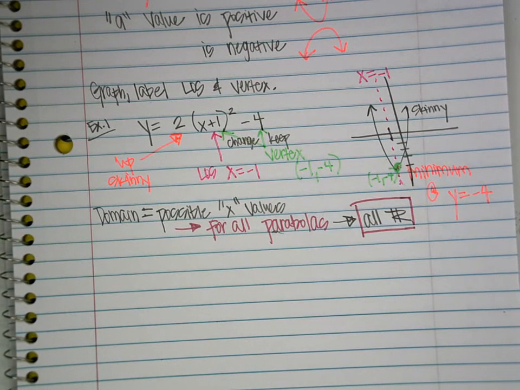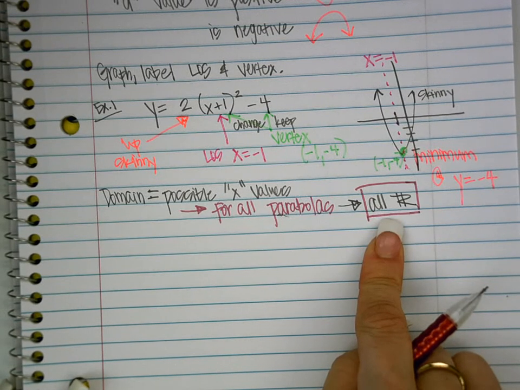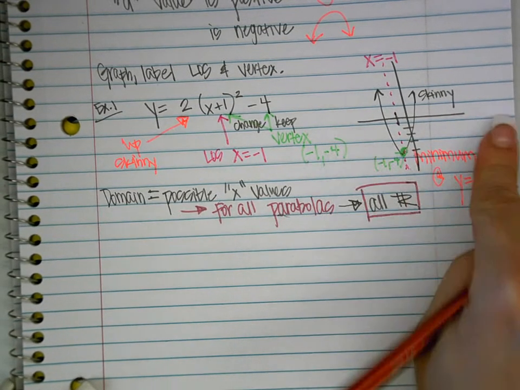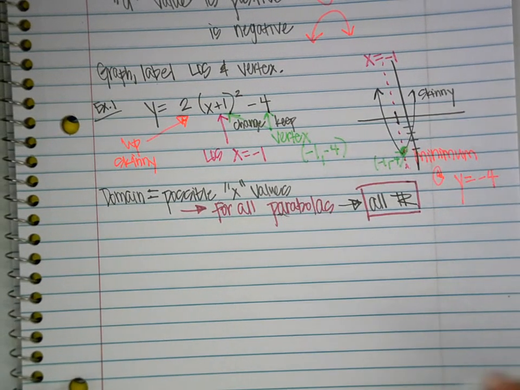It's not a trick question. When I ask you for the domain, it is always all real numbers. Always. Because any x number could be a point on this parabola. Even if it's really skinny, eventually, once you get to like 1,000,000 or 100,000, it could be any x value.